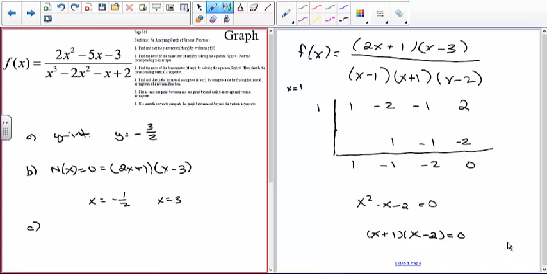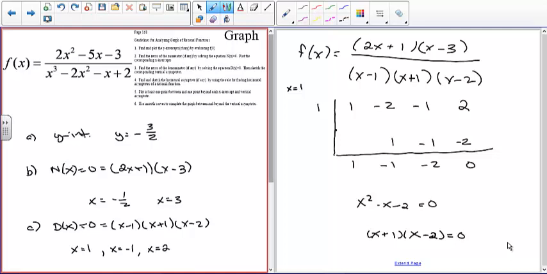Okay, then you have your vertical asymptotes. That's where you set the denominator equal to 0. And again, because we have it factored already, we're going to have 3 vertical asymptotes. 1 at x equals 1 associated with this, 1 at x equals -1 associated with that, and x equals 2 associated with that.